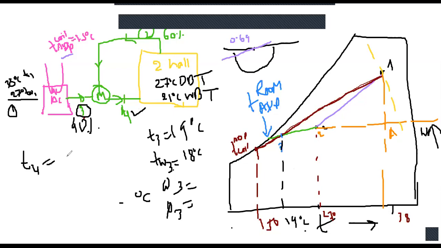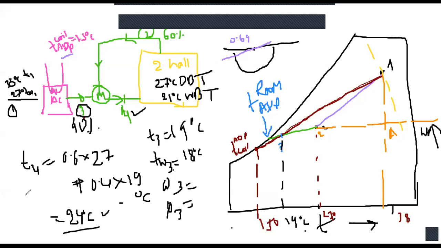T4 is how much? 0.6 of used air, which is 27 degree, plus 0.4 of 19 degree. What do you get? Almost 24 degree or 23 point something. Okay. First point is over. Similarly, we get TW4. First of all, mark T4 as 24 or 23 degree.